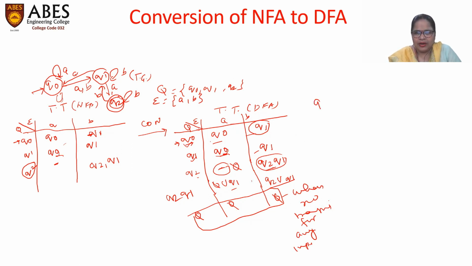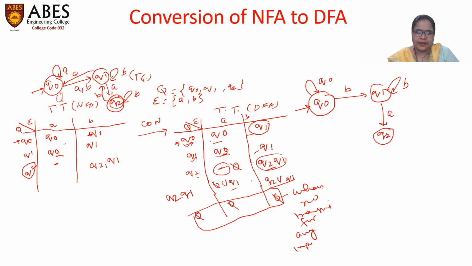And the graph is as follows. This is Q0, right? For A, you are going to Q0. For B, you are going to Q1. At Q1, for A, you are going to Q2. For B, you are going to Q1. At Q2, you are going to a new state, Q2, Q1.